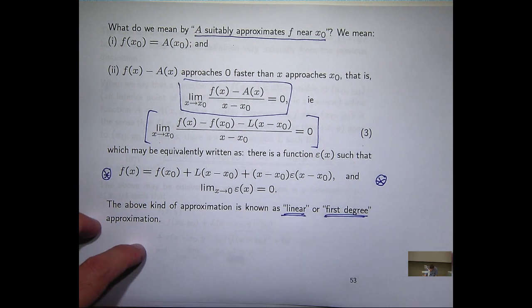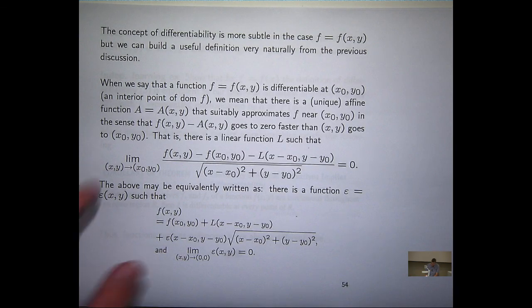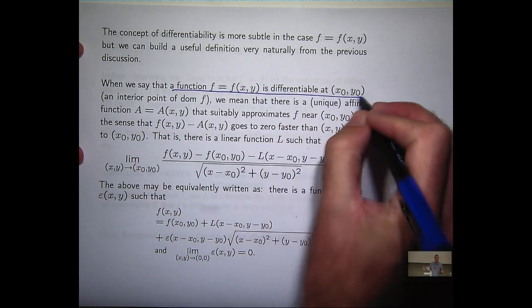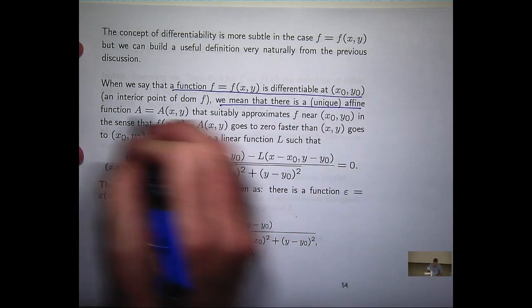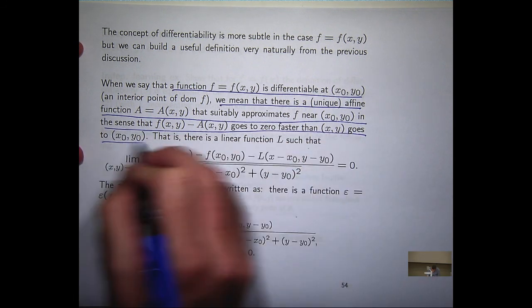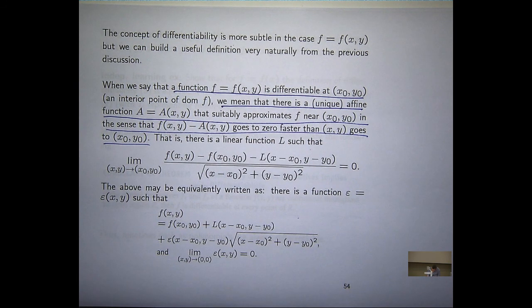How do we extend the definition of differentiability for functions of two variables? Well, we can base it on basically the previous slide and see what we can come up with. We can use the previous slide to build a useful definition. It's the same process.